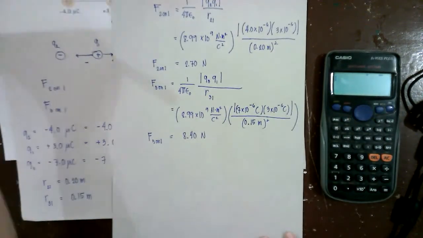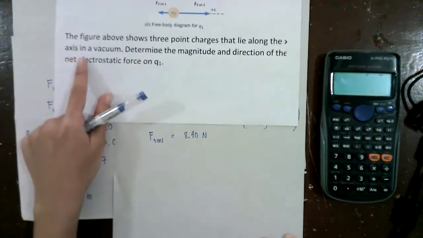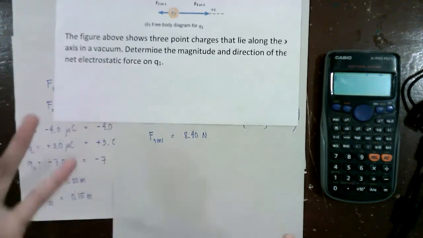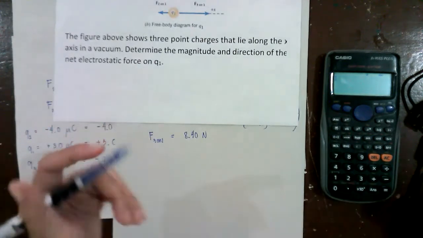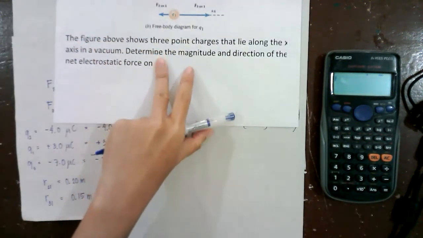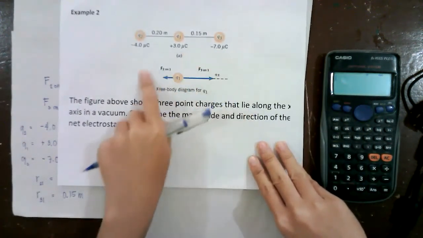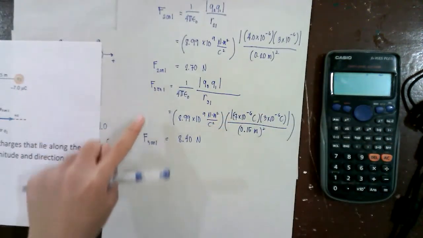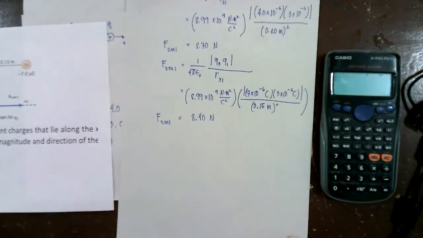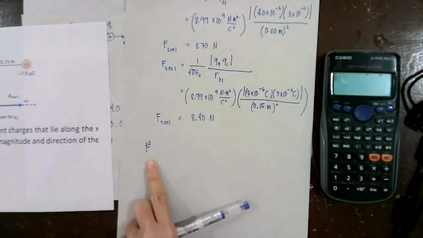Now, going back to the problem, what was asked is the magnitude and direction of the net electrostatic force. Now, when we're talking about net, you have to get the total force in the system, or in this case the total electrostatic force na na-experience ni Q1. So we are going to add our two forces, but here kailangan na nating i-consider yung sign. So this is now F with an arrow above.